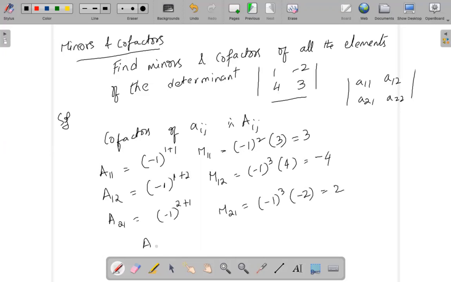And A22 is minus 1 to the power 2 plus 2 times M22, minus 1 to the power 4 into 1, which gives out to be 1. So these are the cofactors.